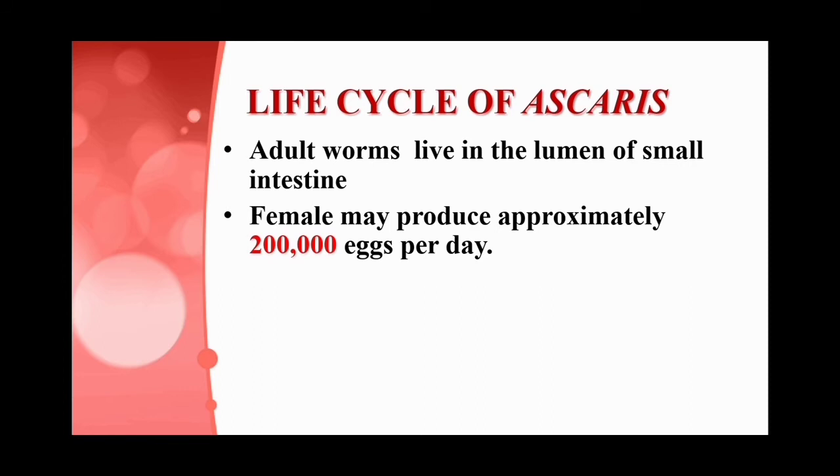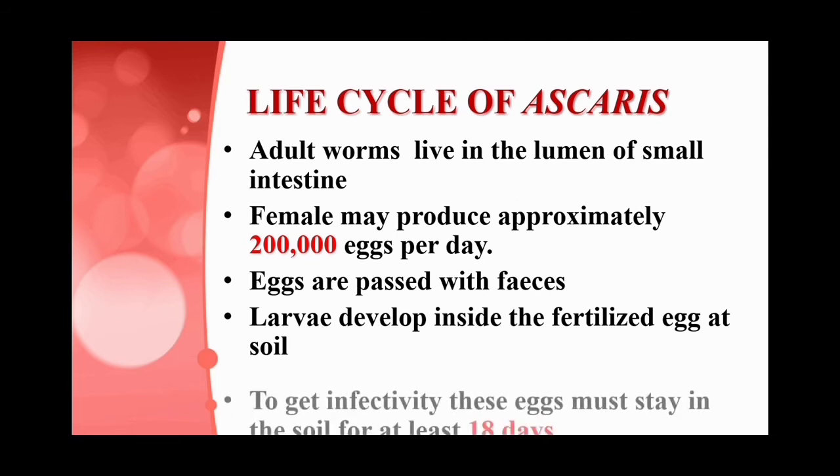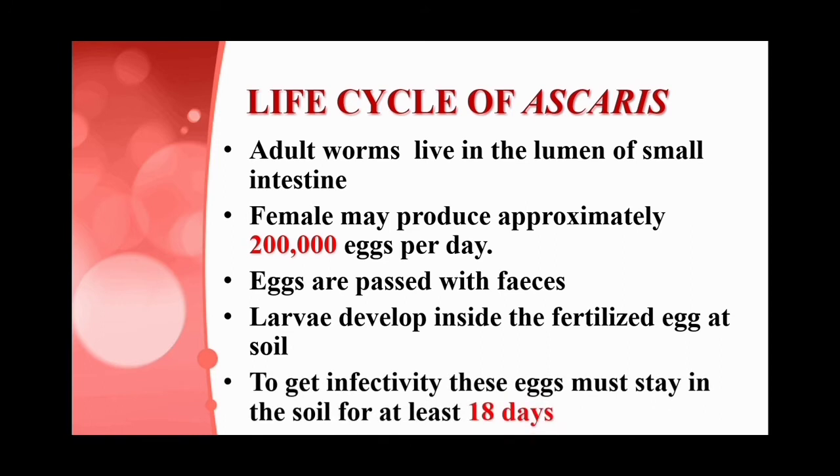Some eggs may be fertilized by the male worms and some remain unfertilized. Anyway, all these eggs are passed out with the feces. These eggs reach the soil. In the soil, the larva starts to develop inside the fertilized egg. To become infective, the fertilized eggs must stay in the soil for at least 18 days.